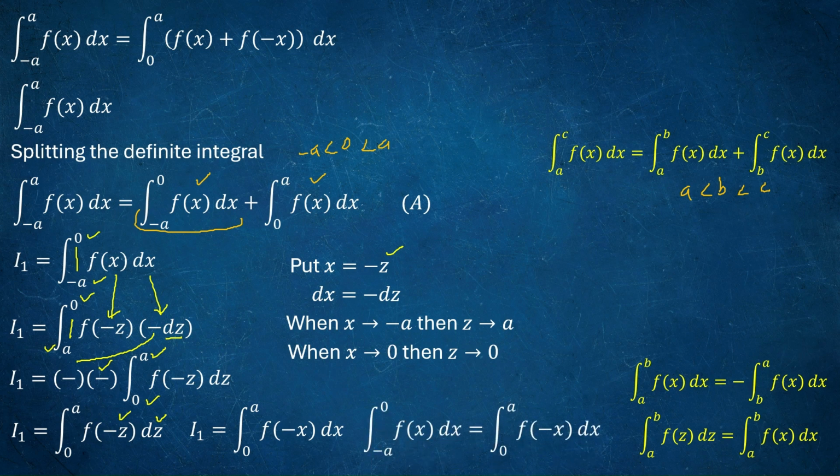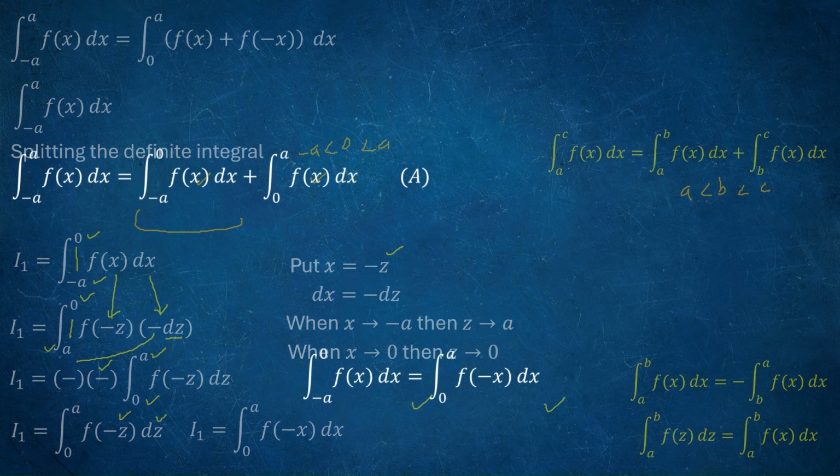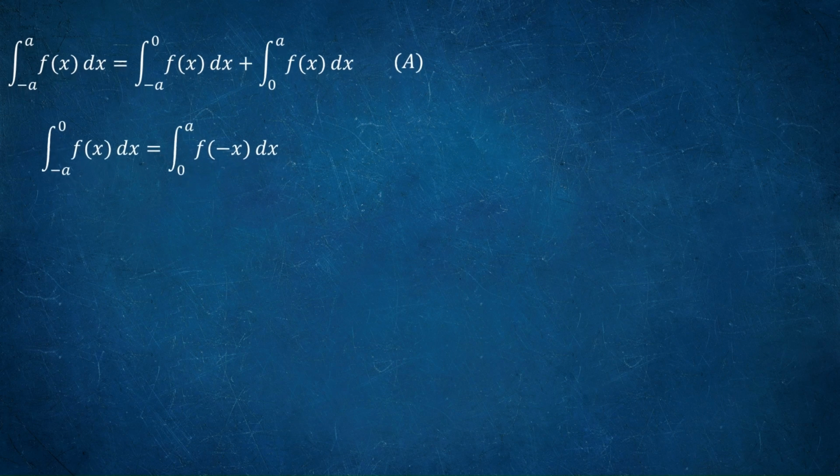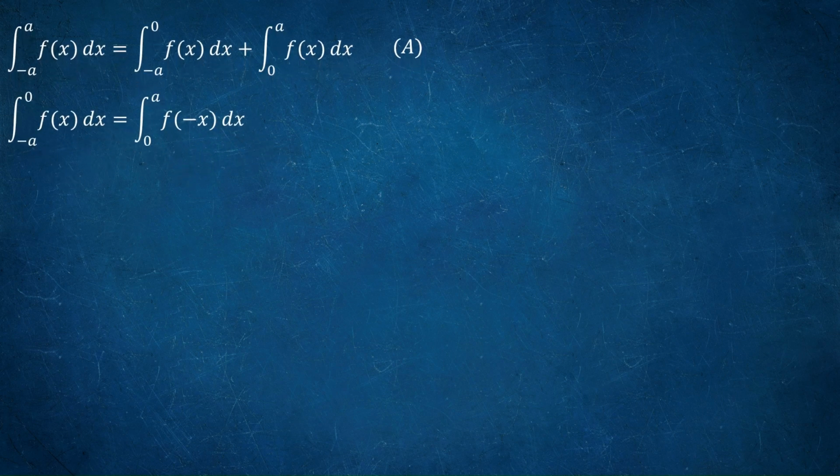Hence, the integral minus a to 0 f of x dx is equal to integral 0 to a f of minus x dx. So we have shown that the integral minus a to 0 f of x dx is equal to integral from 0 to a f of minus x dx.